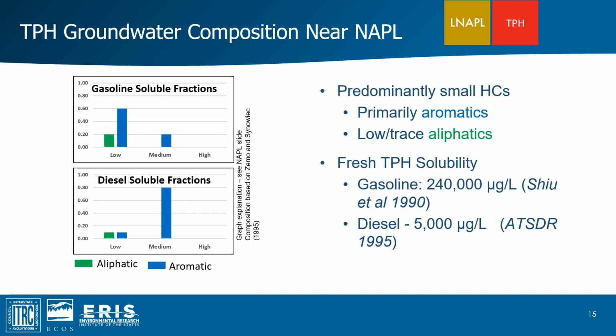If you compare overall solubility limits for gasoline versus diesel, you notice a much higher solubility limit for gasoline of 240,000 micrograms per liter, which is driven by the smaller, lighter aromatics. Compare this to diesel's 5,000 microgram per liter solubility limit, which is driven by medium aromatics, which are generally less soluble than small or low aromatics.